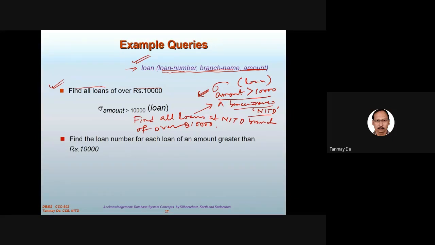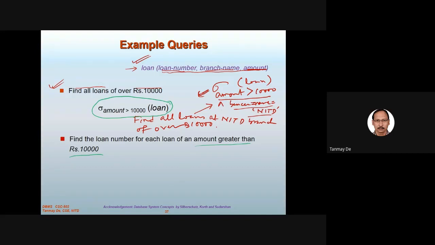This gives us the tuples from the loan relation where the loan amount is greater than 10,000 rupees. But we want the loan number, not the other attribute values.